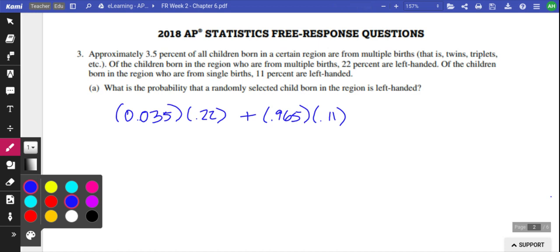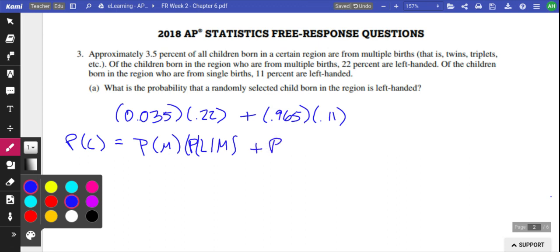So you're going to have to say something like P of L is equal to the probability of getting a multiple times the probability of being left-handed given that you're a multiple, plus the probability of a single birth times the probability of left-handed given that you're a single birth, et cetera, et cetera. And if you do this, you're going to get just over 11%.